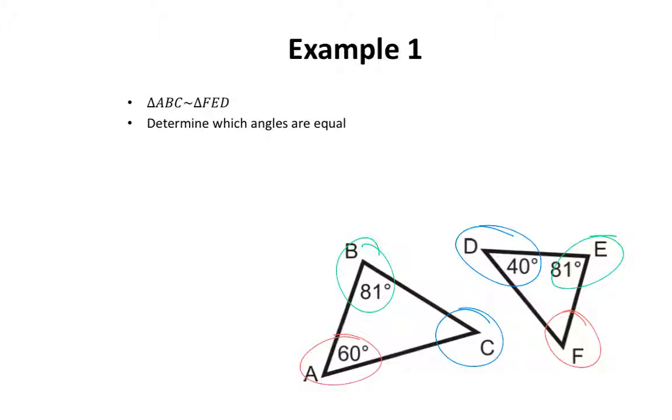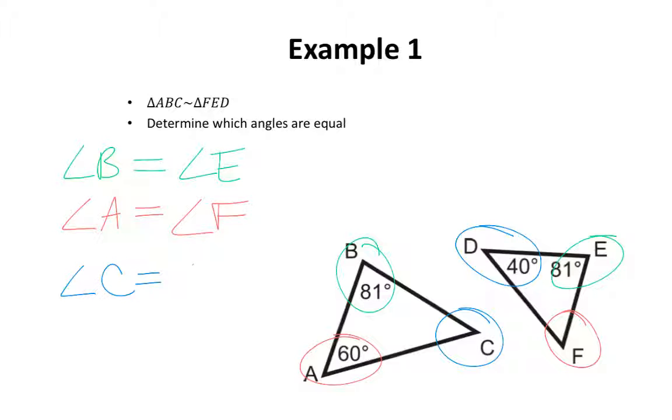So I'm going to say angle B is equal to angle E. Next, I know that angle A is equal to angle F. And last but not least, angle C is likely equal to angle D.